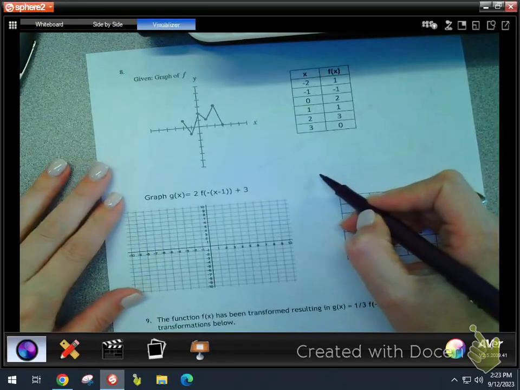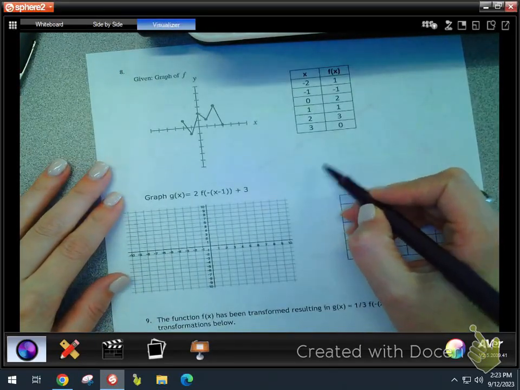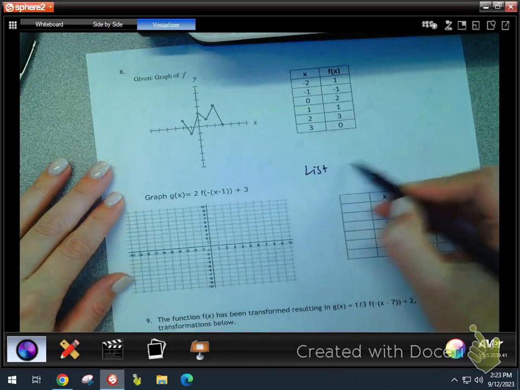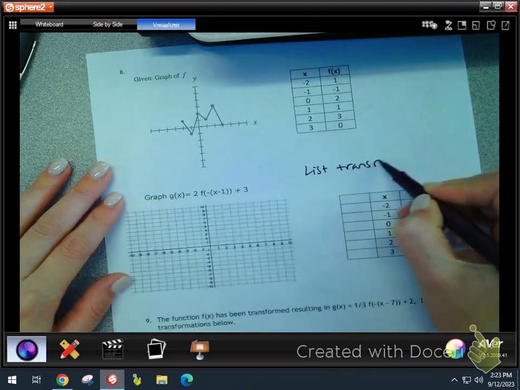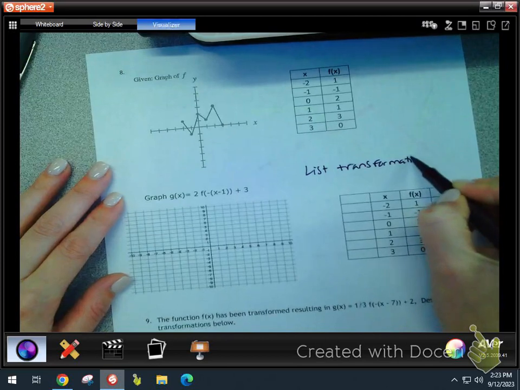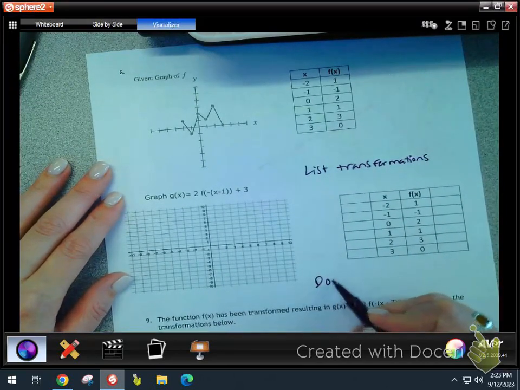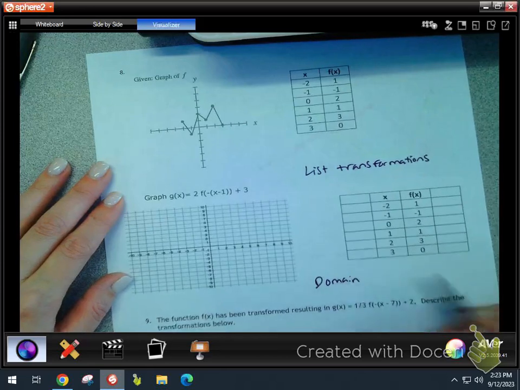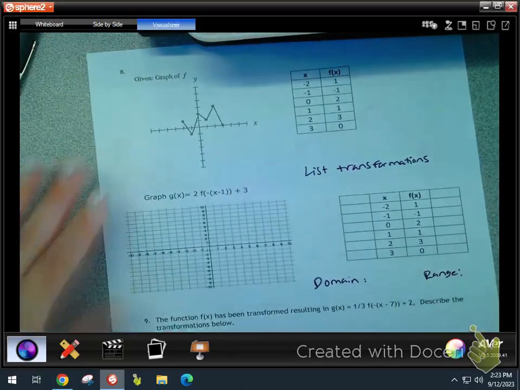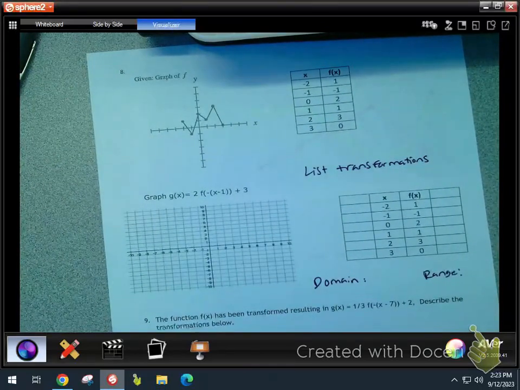Are you flipped over? On number 8, list the transformations and find domain and range. Okay? Ready, set, work. When you're done, hold on to it, pick up a test review.